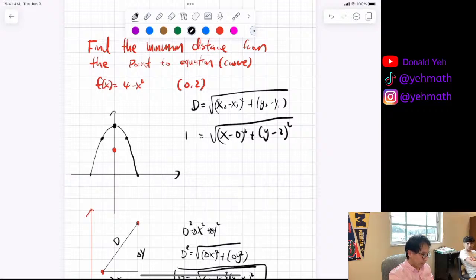So this is your primary equation. Not only that, your secondary is already built in. Your secondary is due to the constraint, which is the equation of the parabola. And that reduces the variables immediately.